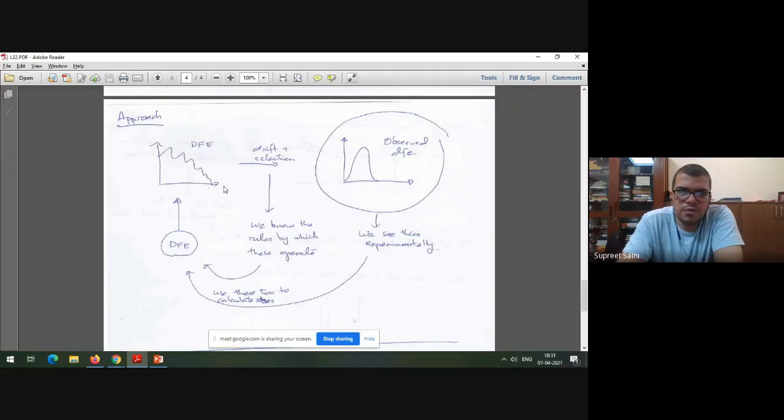Now, what happens is that mutations will occur in the chemostat according to this DFE, because that's the definition, and then drift plus selection will act on the beneficial mutations that are occurring, in a manner consistent with the statistics of this DFE.